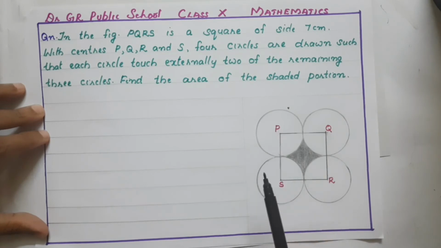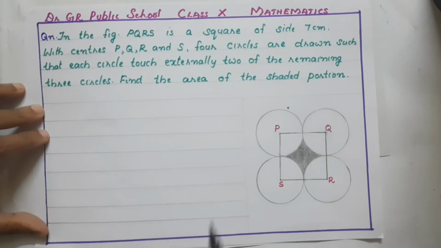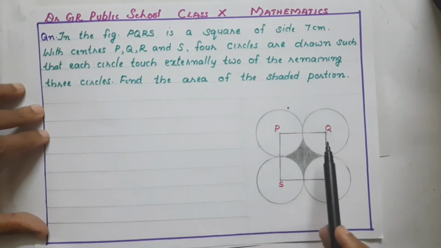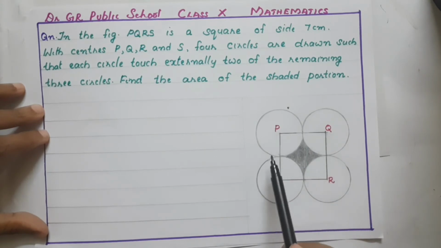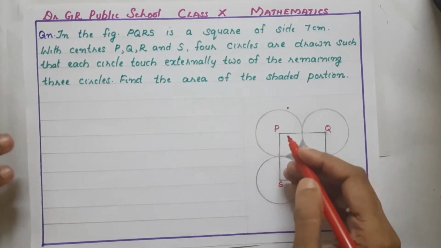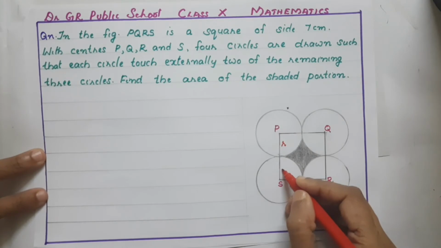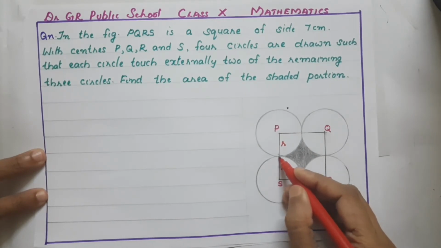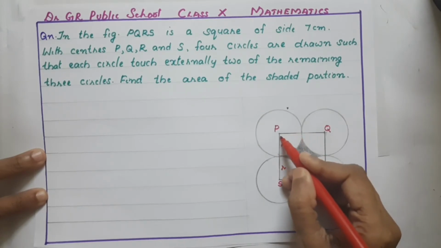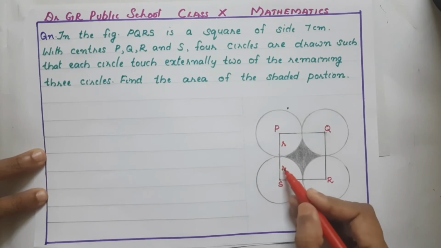Nothing is given about the radius of the circle, so you have to understand from this point that all the circles have the same radius. That means if one circle has radius r, this also has radius r. This is r, here also r, and this circle also has radius r.